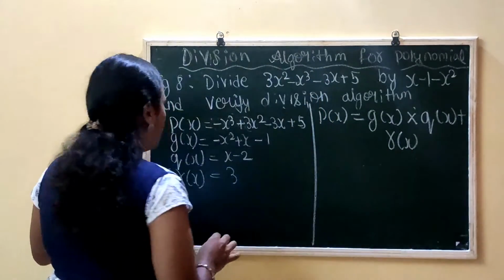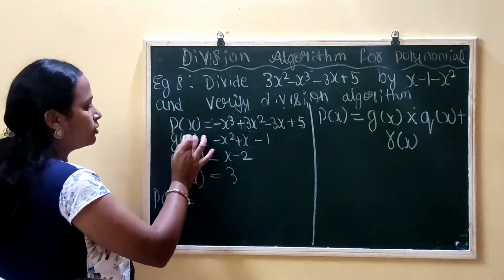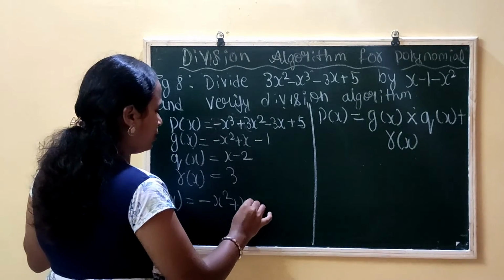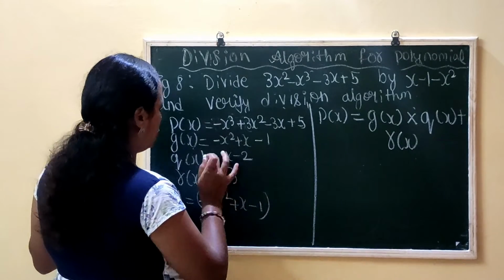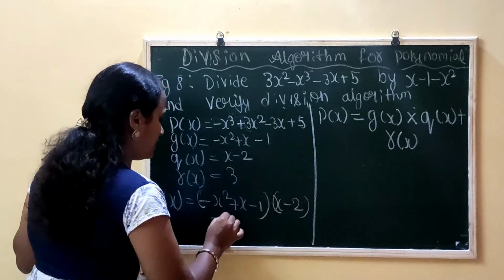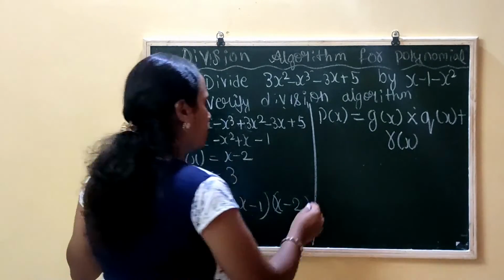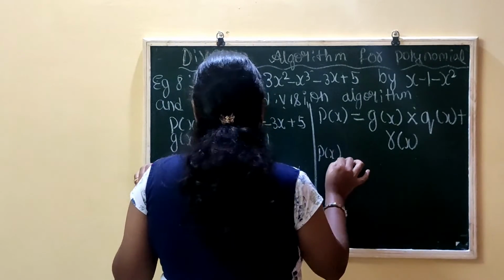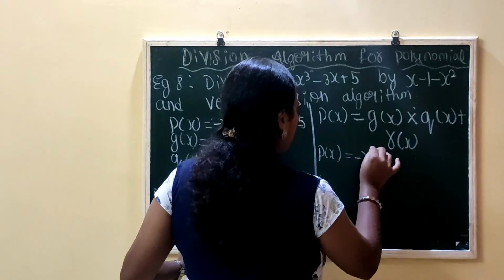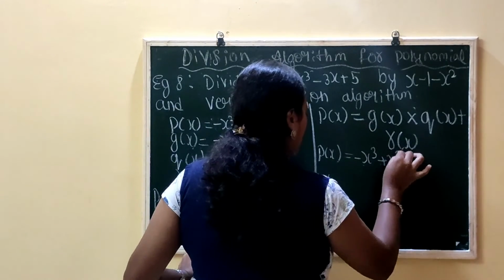That's fine. So now what will be P of x? P of x is equal to, so what is G of x? G of x is minus x square plus x minus 1, into Q of x. Q of x is nothing but x minus 2, plus R of x, which is equal to 3. Now we'll try to multiply this. Okay. So P of x is equal to x into minus x square will be minus x cube. x into x will be plus x square.